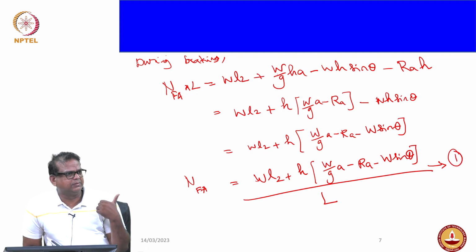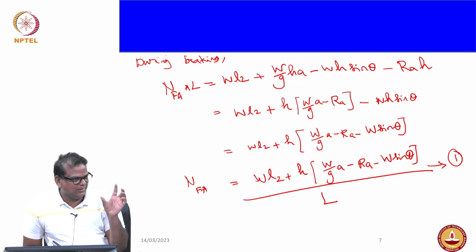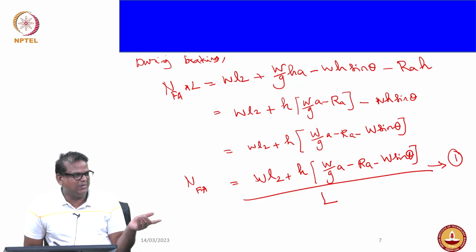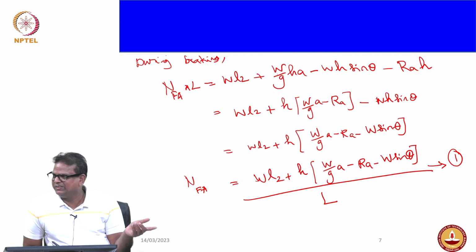No, cos theta is gone, right. I neglected it. Mu r W cos theta, mu r is a smaller value. Even if we take the cos theta maximum value 1, you will have 2% of the vehicle weight, does it make sense? No, right, that is why I have eliminated that term. W cos theta into L2, because of the component of W, you have considered W sin theta.